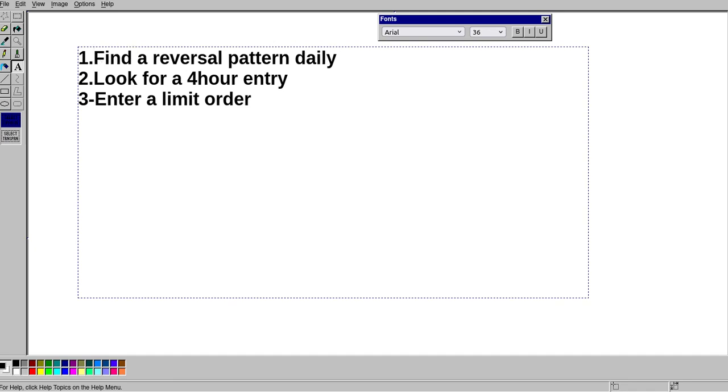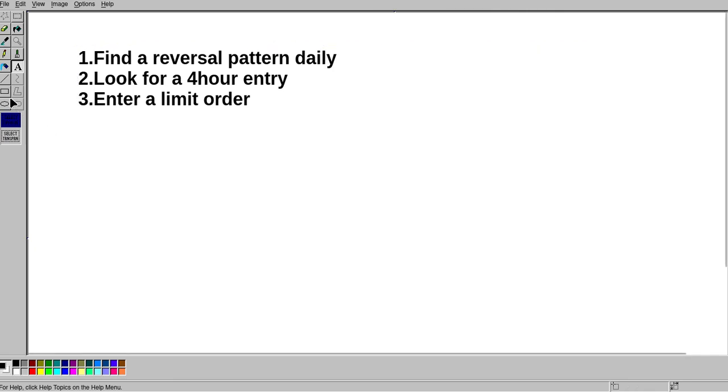So in the demonstration, the first thing I'm going to do is find a reversal pattern on the daily chart, look for a 4-hour entry, then enter a limit order.